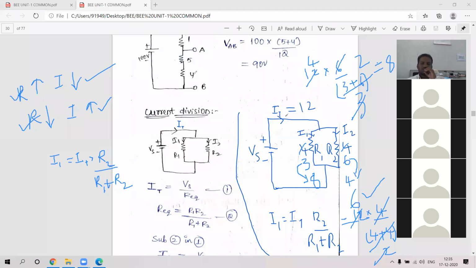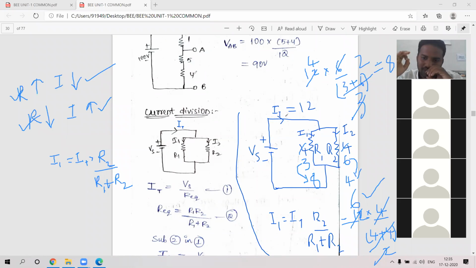You can say that current always chooses the low resistance path. Compared to 3 and 6, 3 is the low resistance path, so the maximum current will be flowing in that branch only. Of that 12 amps, 8 amps flows there.